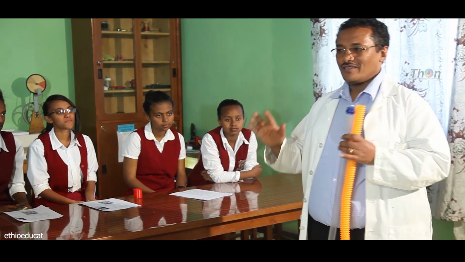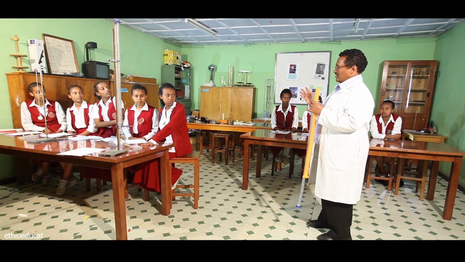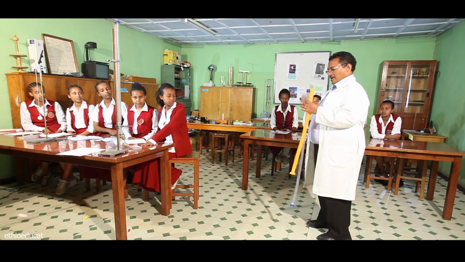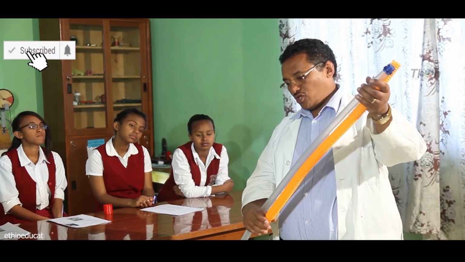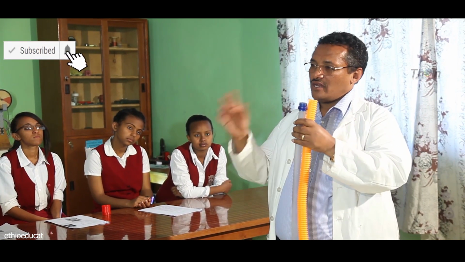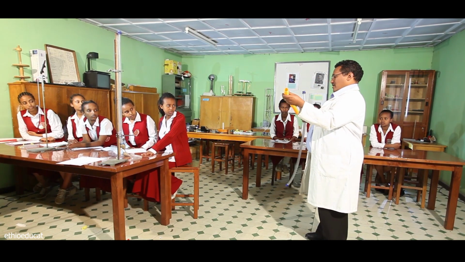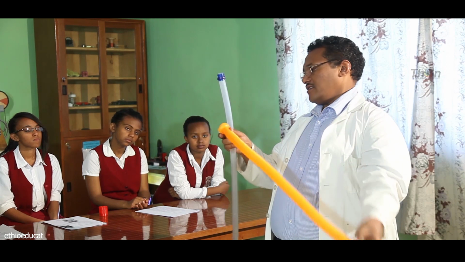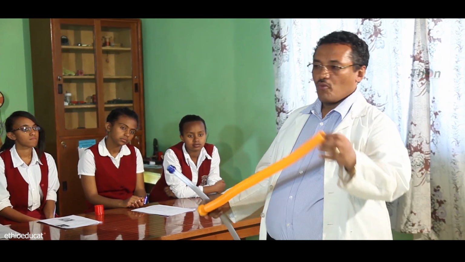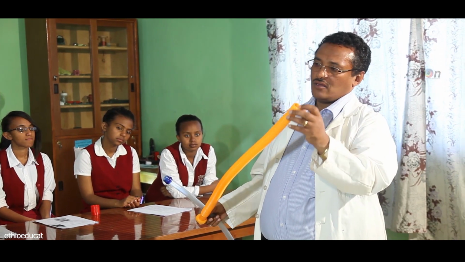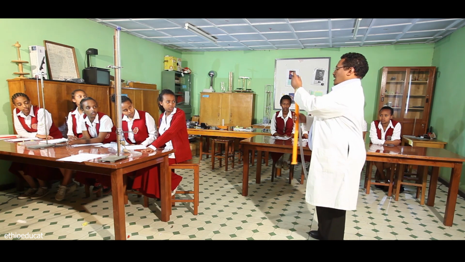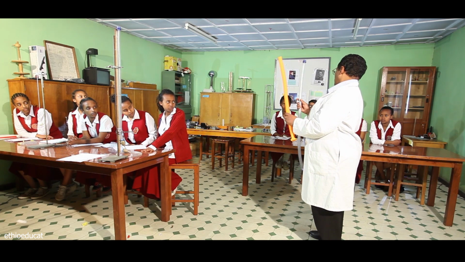Now we have seen longitudinal and transverse waves on a slinky, right? Next, I will show you how these two tubes behave when I rotate them. The two tubes are similar in that they are open at both ends. Now, is there any difference between these two tubes?